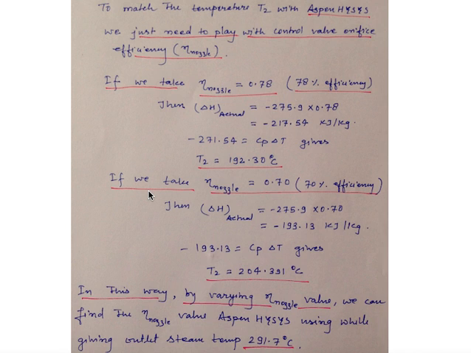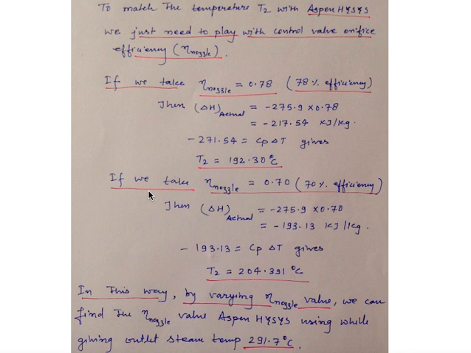And let's say by your HYSYS flashing calculation, you come to know that this value is based on, say, 70% orifice efficiency, and your vendor is saying that our control valve orifice is so nicely machined and finished that it gives 98% efficiency, then your HYSYS value may not be correct.